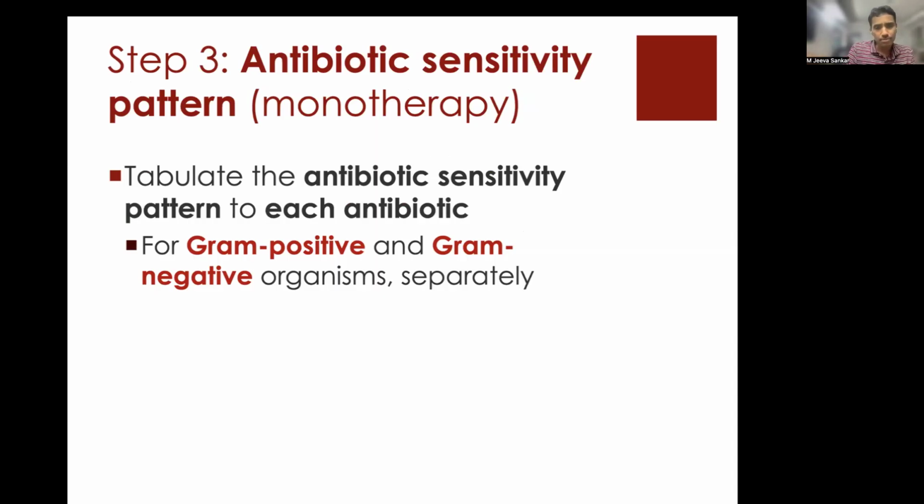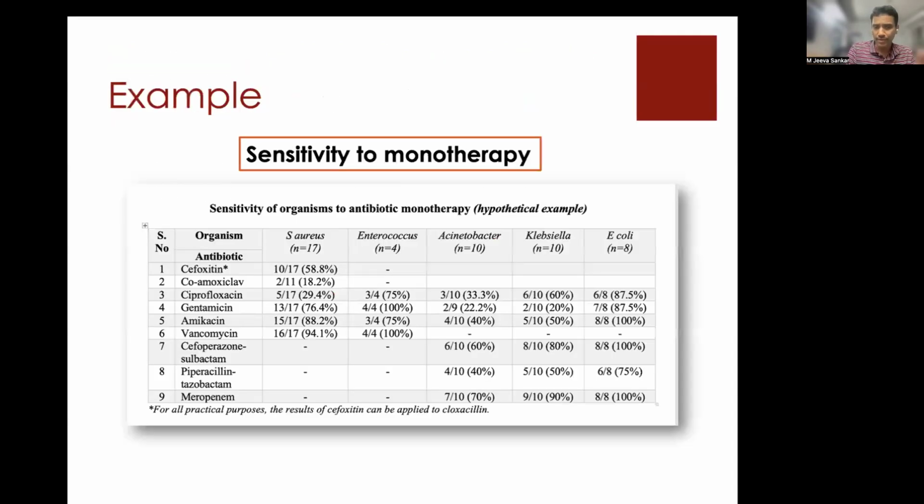So we need to have this separately. For example, this is how it will look. On the columns, we have different organisms: Staph aureus, Enterococcus, Acinetobacter, Klebsiella, E. coli, and different antibiotics. And then for each antibiotic, what proportion is sensitive or resistant. That's how you create this table.